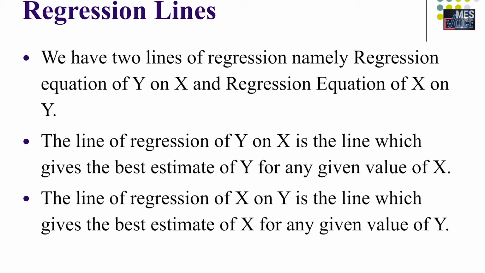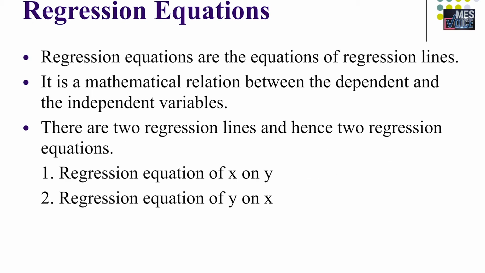Second, the line of regression of x on y, which is the line which gives the best estimate of x for any given value of y. Regression equations are the equations of regression lines. It is a mathematical relation between dependent and independent variables. So there are two regression lines and hence two regression equations.